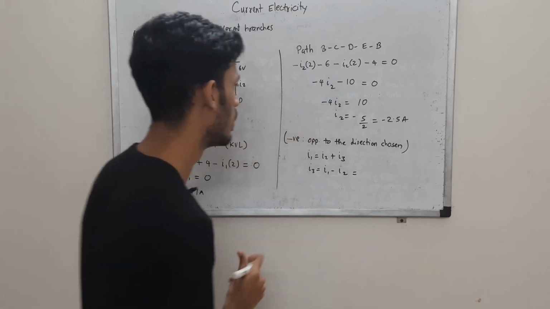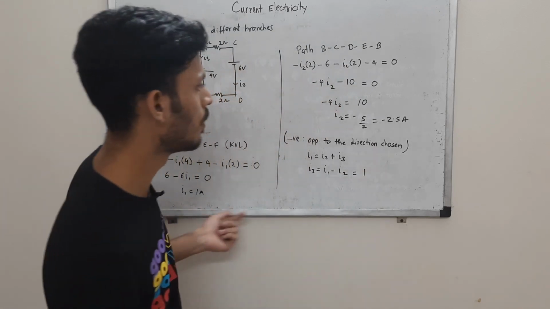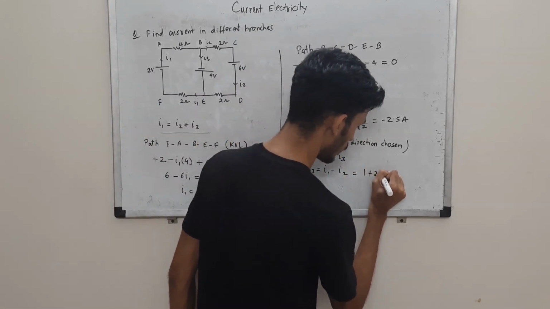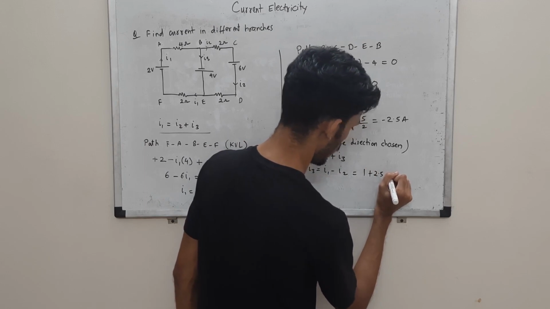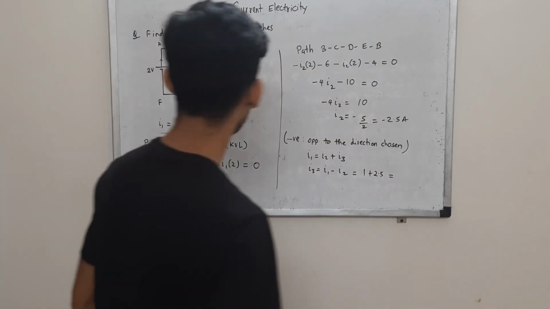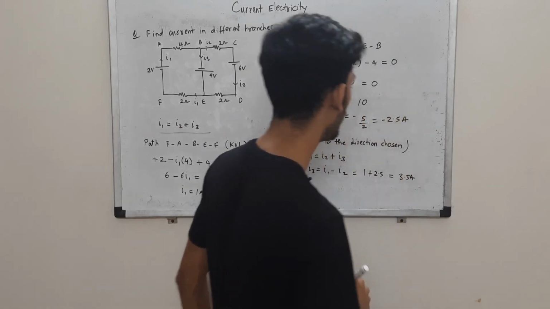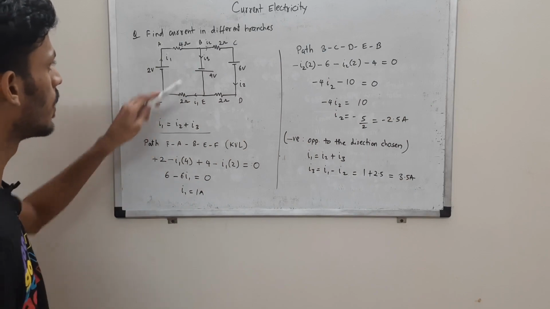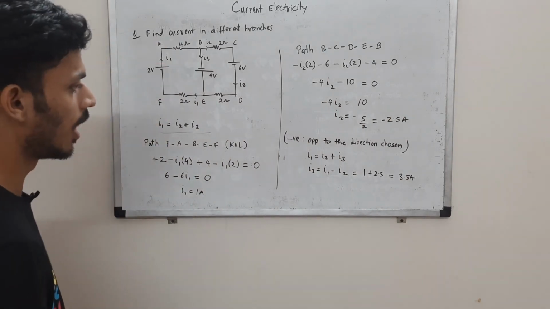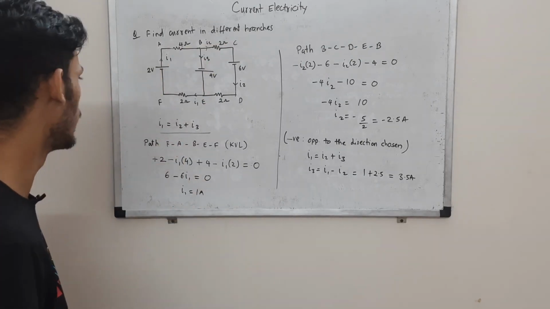I1 is 1 ampere, and minus I2, minus of minus, will be plus 2.5, so that will give you 3.5 amperes coming out from here. I3 is 3.5, and that will be 2.5. The net current I1, where is that? I1 is 1 ampere.